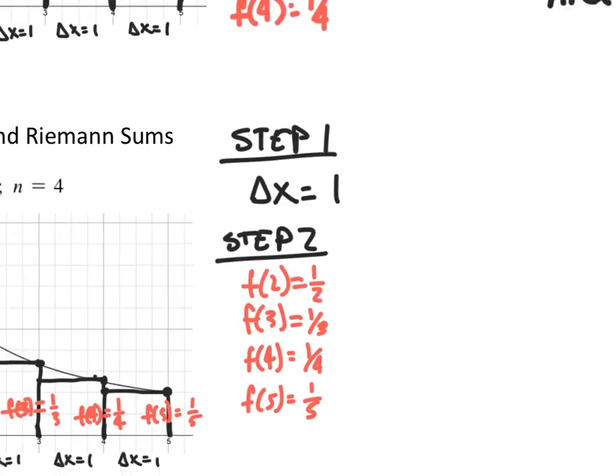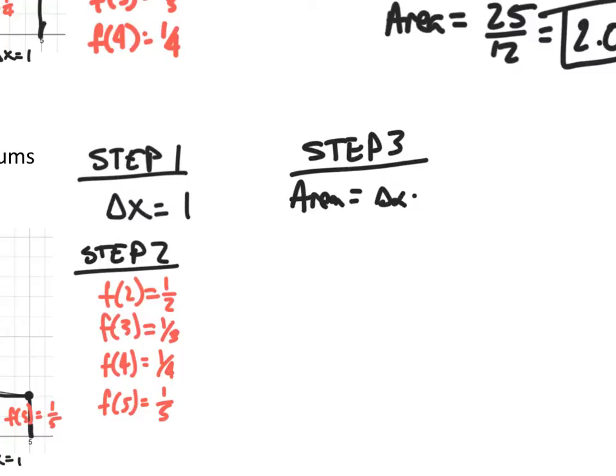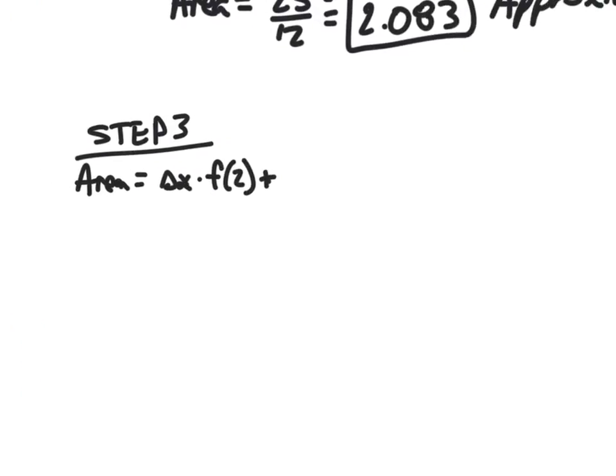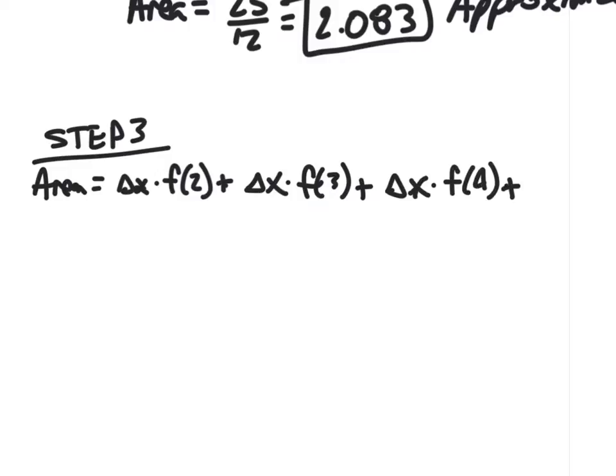Okay? So now step 3 is adding them all up. Step 3 is add up our areas. So our area is equal to delta x times f of 2 plus delta x times f of 3 plus delta x times f of 4 plus delta x times f of 5.